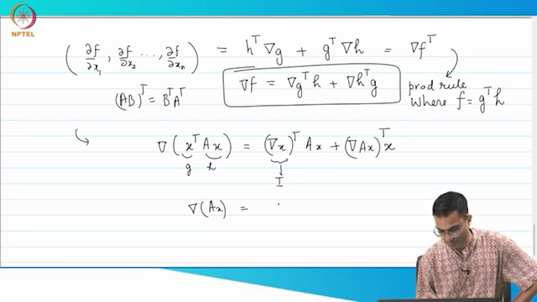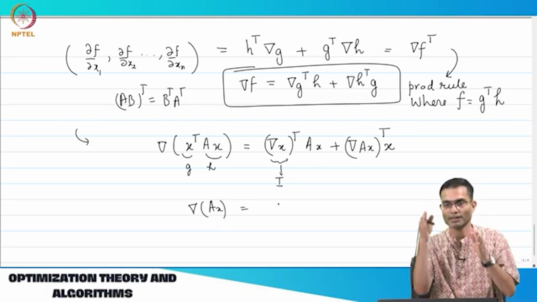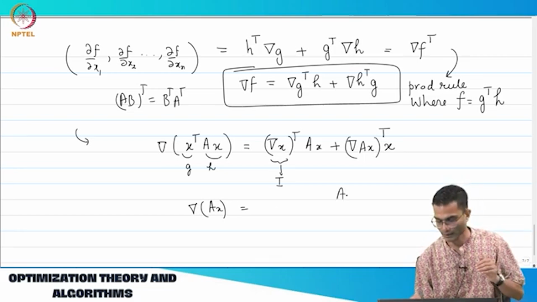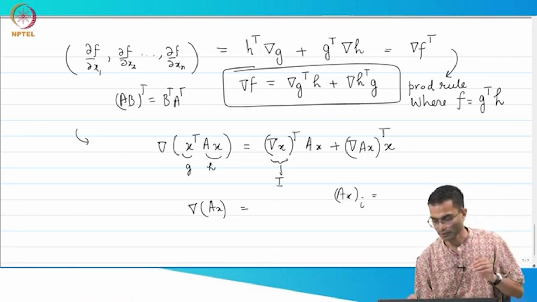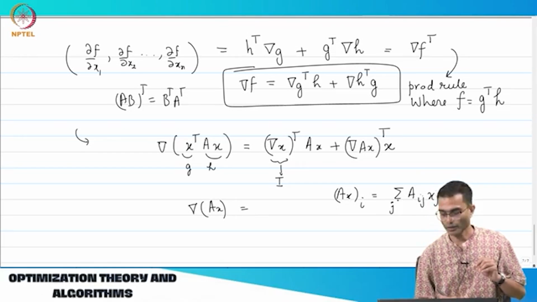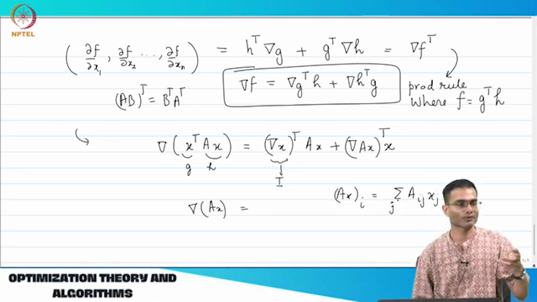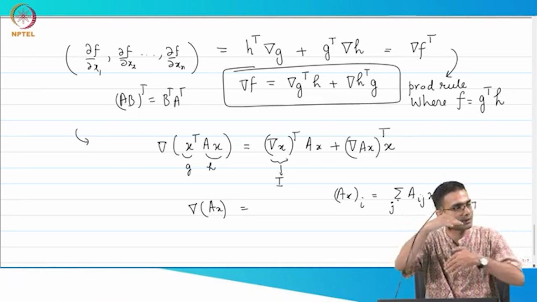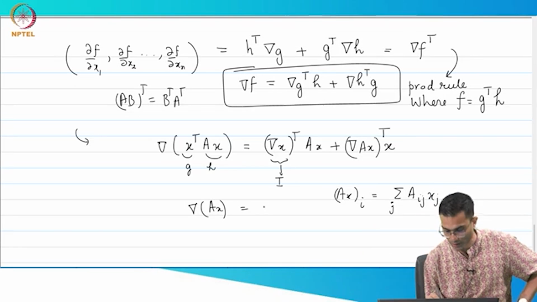If you open up the matrix, multiplied by x1 up to xn, and take the ith component of Ax, what is that going to be? Summation of Aij xj, summation over j. Now if I take the derivative, what will survive? Only that one term, which is going to be Aij. So like this, I get back the entire A matrix itself. So grad of Ax is going to be A.